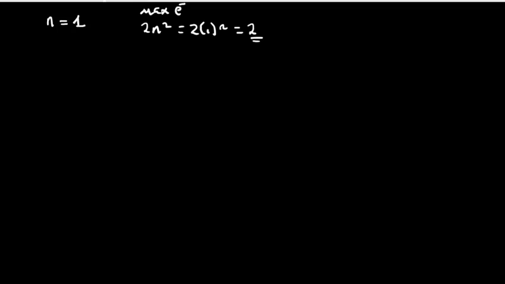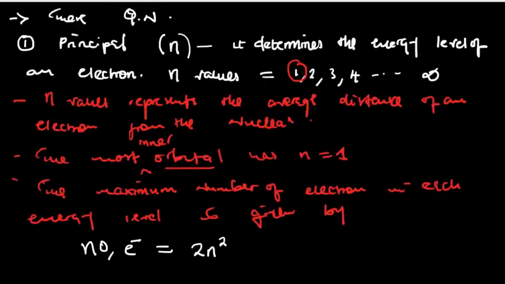So when n is equal to 1, the maximum number of electrons... Okay, so I'm saying the maximum number of electrons that any energy level can accommodate is given by 2n squared, where n is equal to the energy level or principal quantum number.